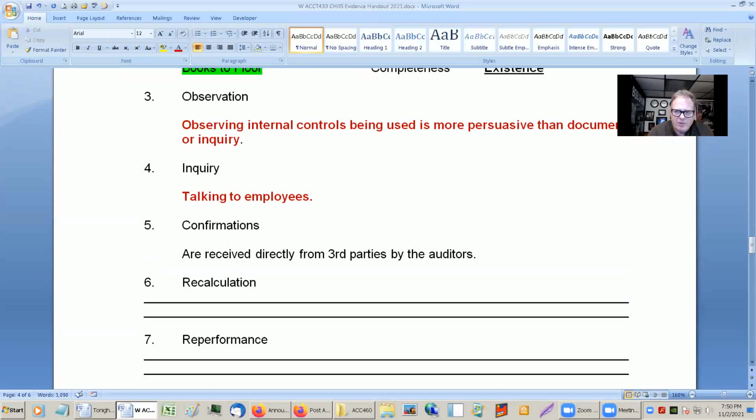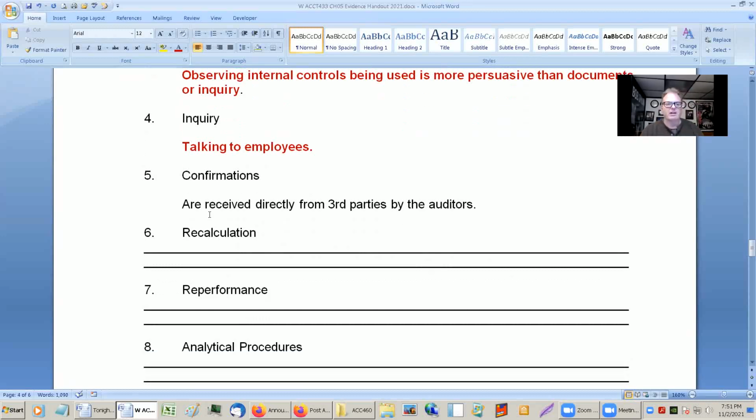There's all kinds of these confirmations you have, and generally they come from third parties. And again, you're trying to move evidence up that list. So the client hands you an invoice, terrible evidence. They could have just printed that out. But you can take that invoice, put it in a letter, and send it as a confirmation to their customer saying, is this invoice valid? Do you actually owe this amount? When they send that back to you, they'll give you evidence that'll corroborate or refute that that's a valid accounts receivable.